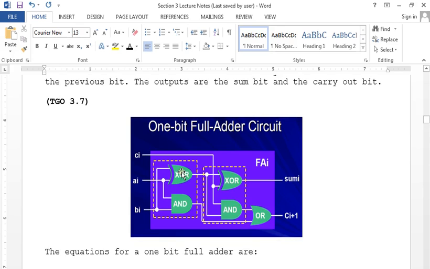Yeah, you already have XOR gates, AND gates, and OR gates, right? So now it's just a matter of ensuring that your timing is correct.